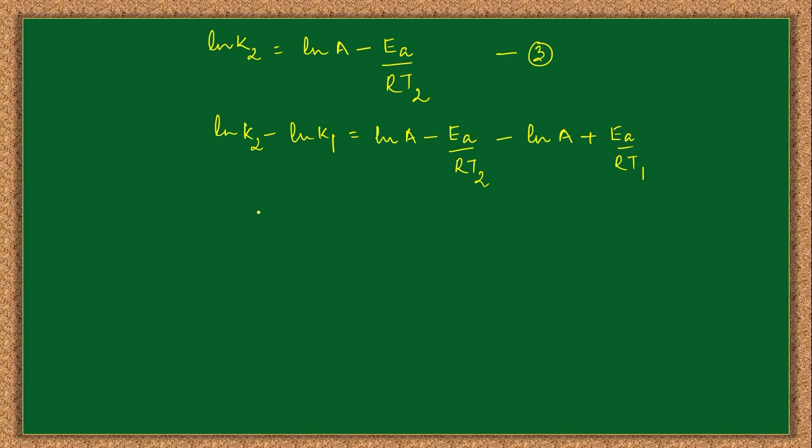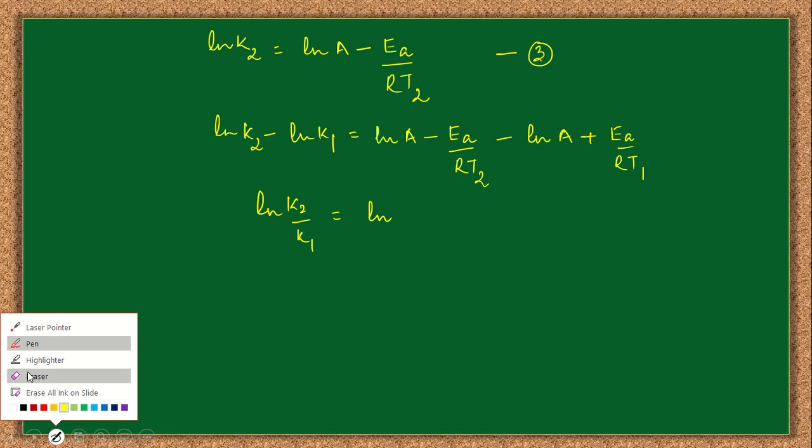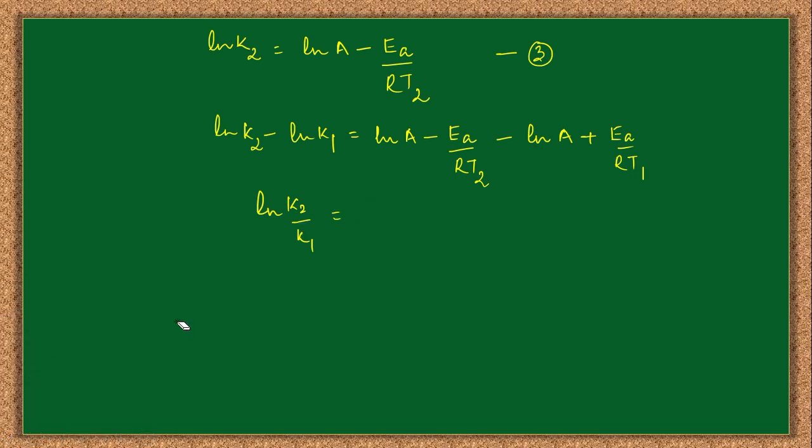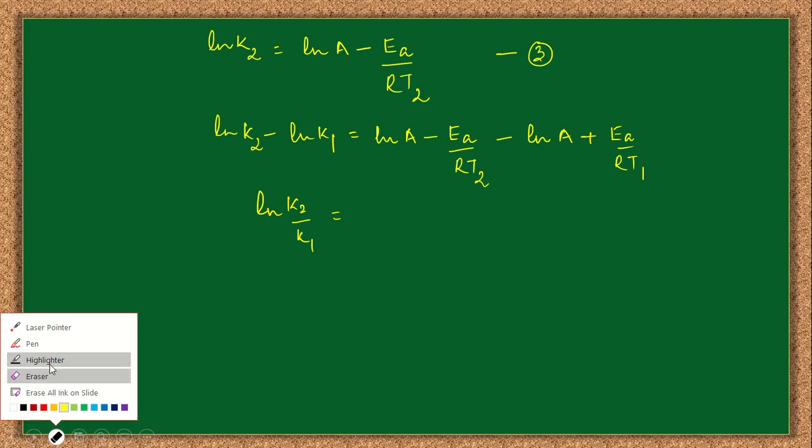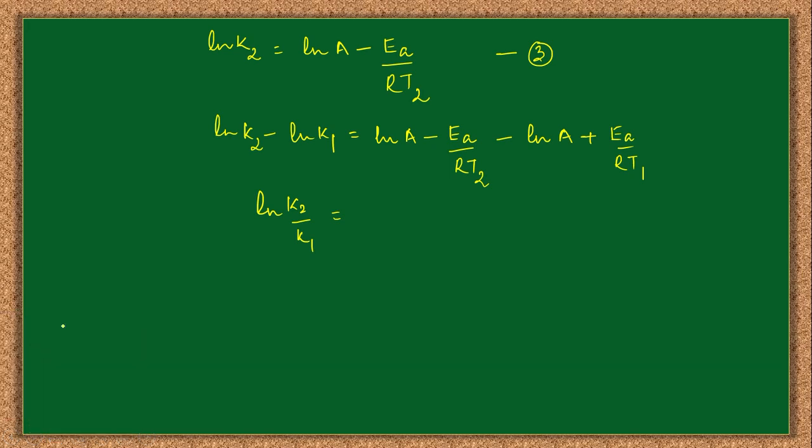Now solve this equation, we get ln K2 by K1, because log A minus log B is log A by B. So the ln A will be cancelled, and we get EA by RT1 minus EA by RT2.